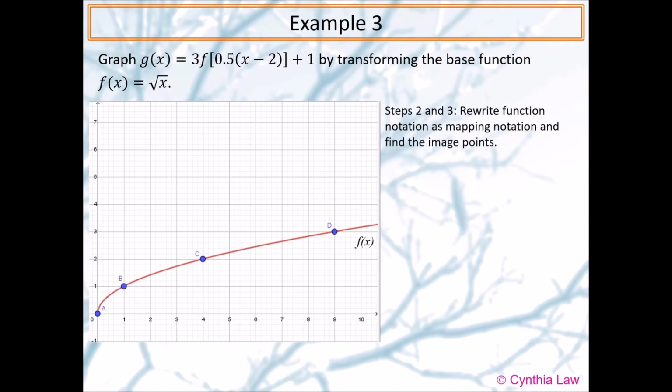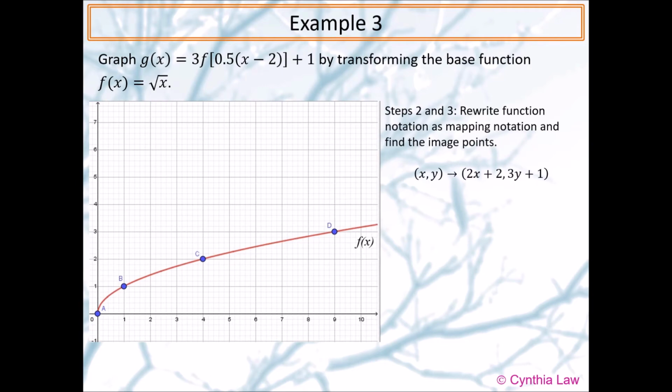Steps 2 and 3, we rewrite function notation as mapping notation and then find the image points. From the function notation, we know that 3 is a, 0.5 is 1 over k, 2 is d, and 1 is c. So we write them into the mapping notation.